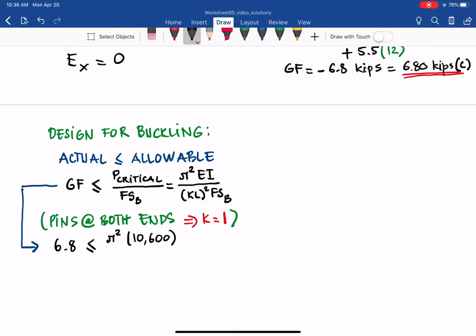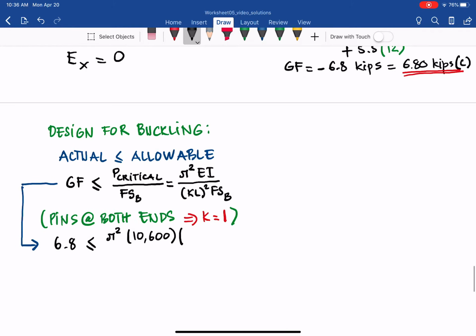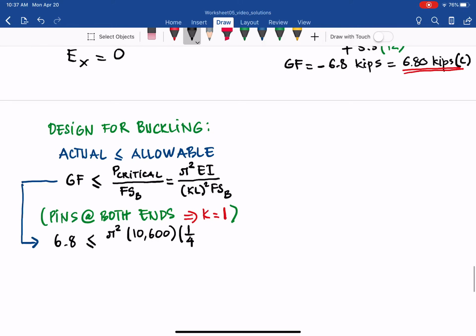Okay, so we have that one. That is the I for a circular cross section.